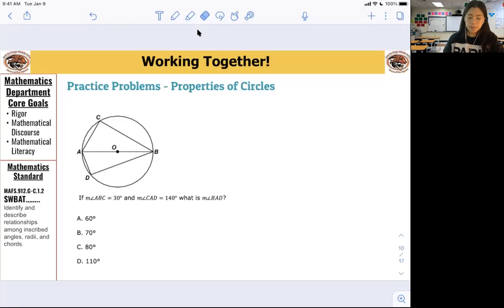But let's look at the rest. Okay. ABC is 30 degrees. CAD, 140. B makes the most sense. B might look like a tempting answer, but let's talk about it and see if it's actually true.